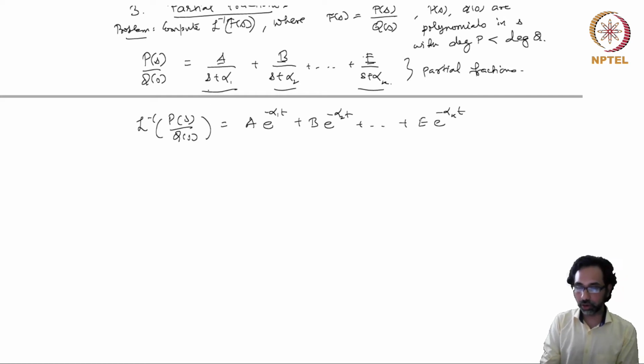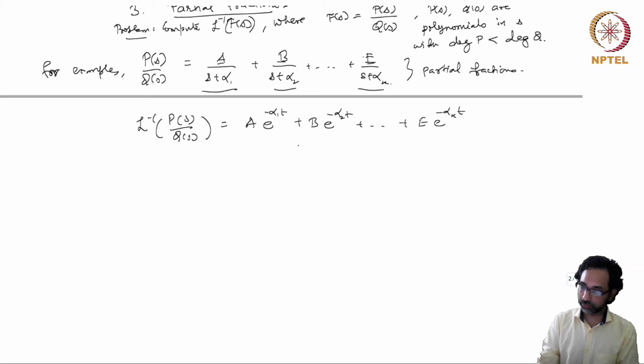Of course, we cannot always do this, it is just one of the forms. So this is, for example, what we can find out in this case where P(s) by Q(s) can be written in such a form. There are other forms of partial fractions which we will look at, but the idea is the same, which is to convert the function P(s) over Q(s) into a simpler form where we can know explicitly the inverse Laplace transform.